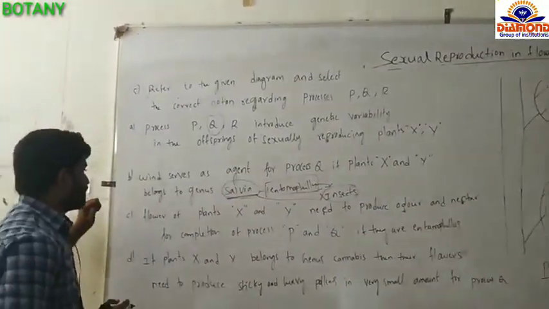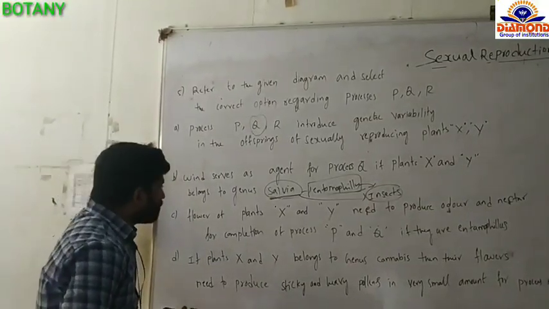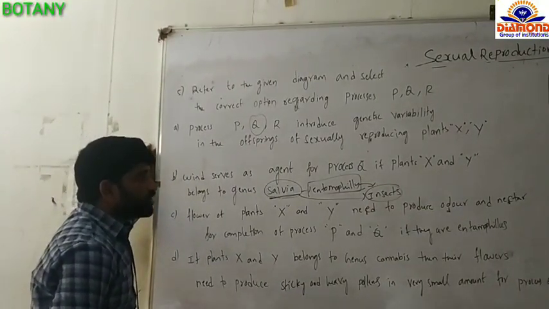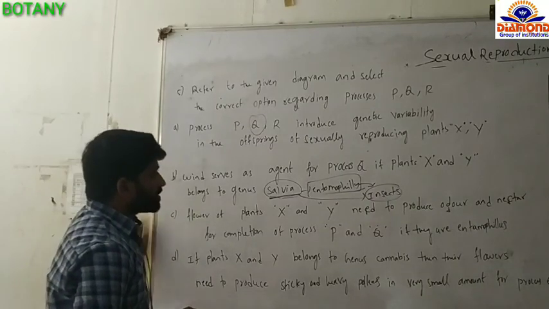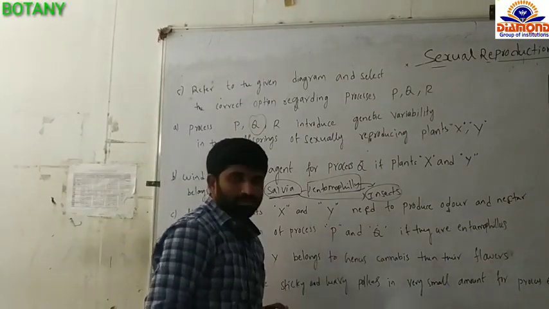And option C: flowers of plants X and Y need to produce odor and nectar for completion of processes P and Q if they are entomophilous.